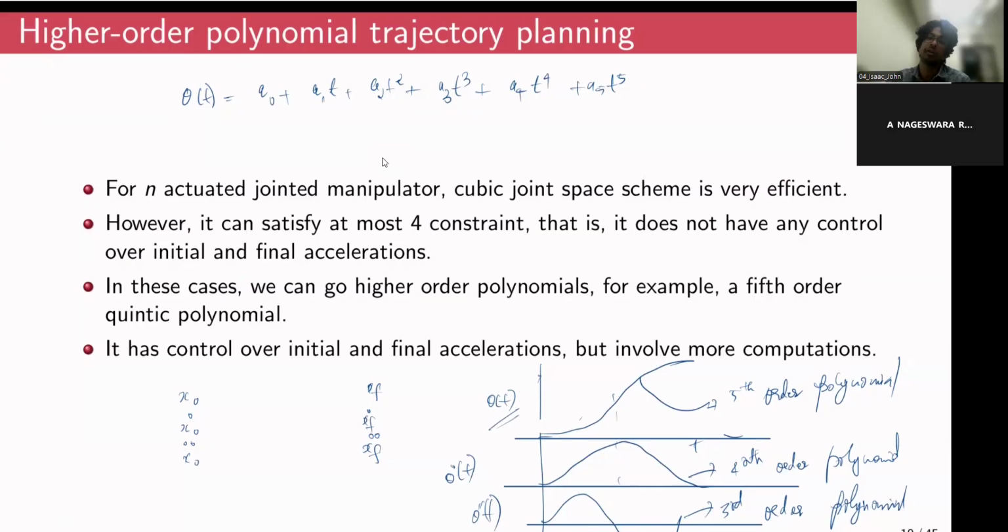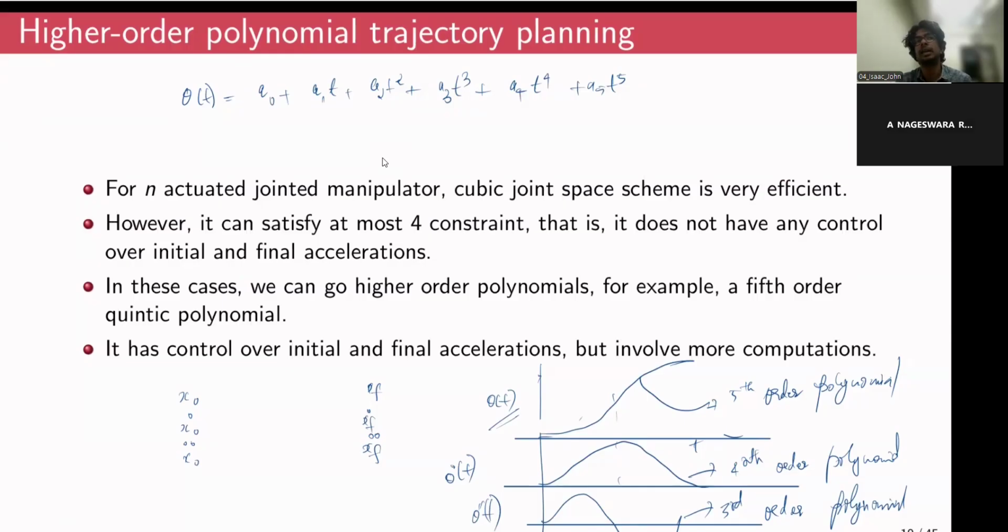Right? So if you want to guide your robotic arm from an initial position to a final position using a very smooth trajectory, you can plan it using this fifth order polynomial. But then again, the computational cost will obviously be higher compared to a third order polynomial or a straight line interpolation.